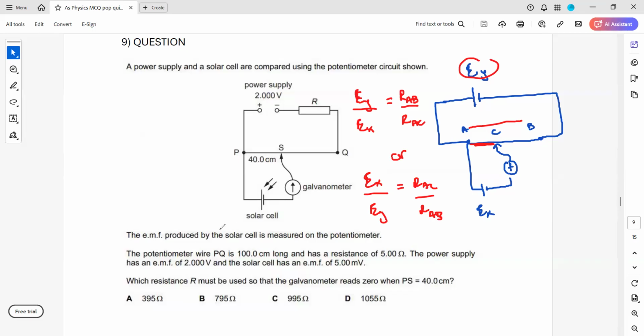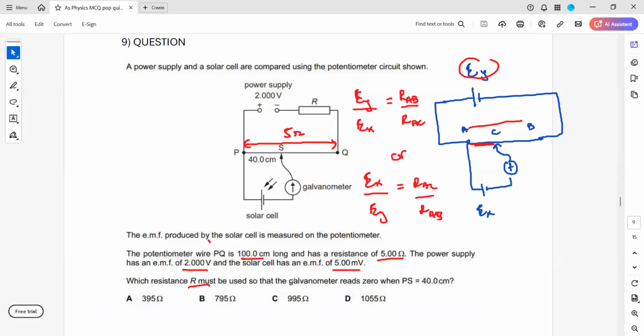So in the question, the EMF of a solar cell is measured on a potentiometer. The potentiometer wire is 100 centimeter long and it has a resistance of 5 ohm. So the total 100 centimeter has a resistance of 5 ohm. The power supply has an EMF of 2 volts, written as 2.000 volts, and the solar cell has an EMF of 5 millivolts, 5.00 times 10 to the power minus 3 volts.